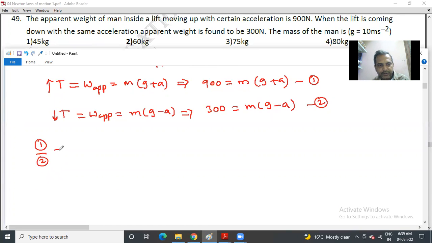We'll get the acceleration. So 900 by 300 is equal to, this M and M get cancelled, you will get G plus A by G minus A.